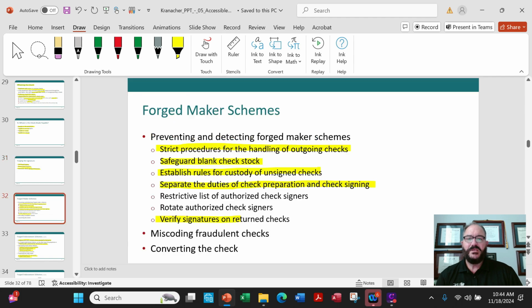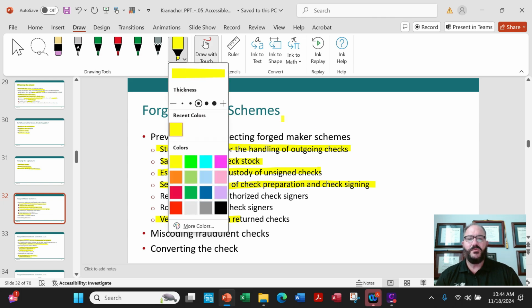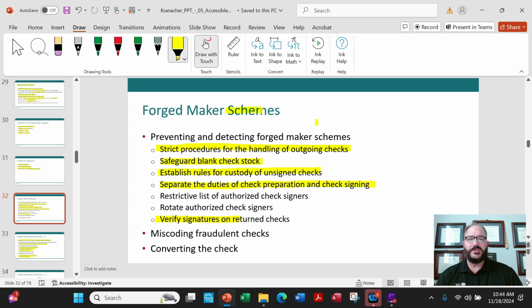Let's see. So what can you do when you have these schemes that people are trying to do? What can you do about it? Dealing with these schemes. Okay. So again, procedures, again, another internal controls.